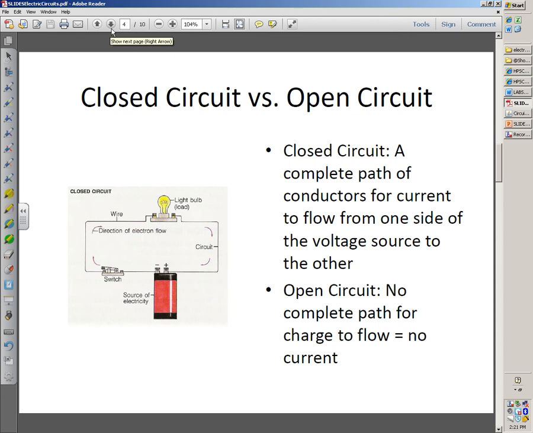All right, got those things? Not yet. Come on, Maddie. So closed circuit, a complete path for electrons to get from one side of the voltage source to the other. Open circuit, no complete path, no charge flow, no current.